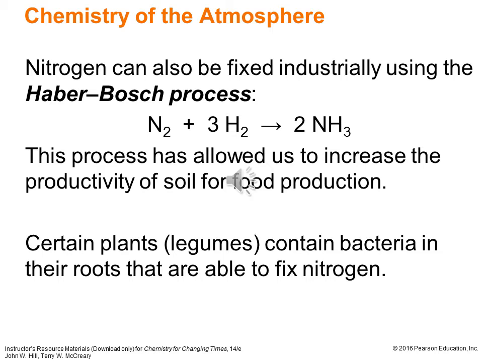The Haber-Bosch process is another way to fix nitrogen, and actually extended World War I by providing the Axis powers with a way to have cheap and available fertilizer.